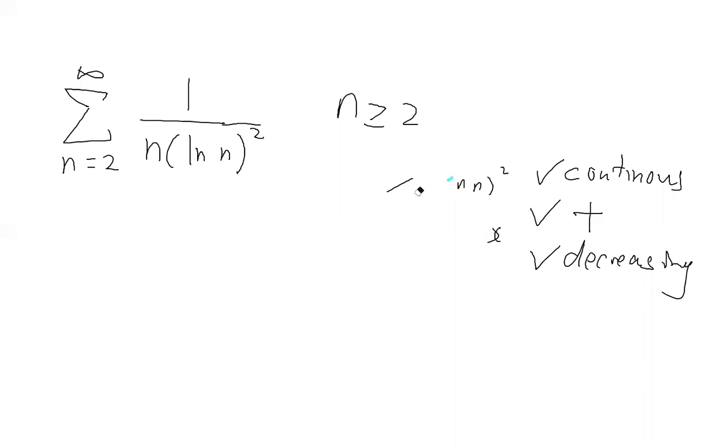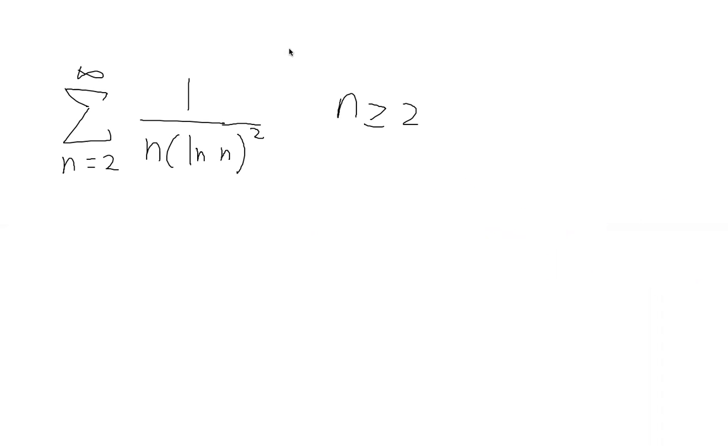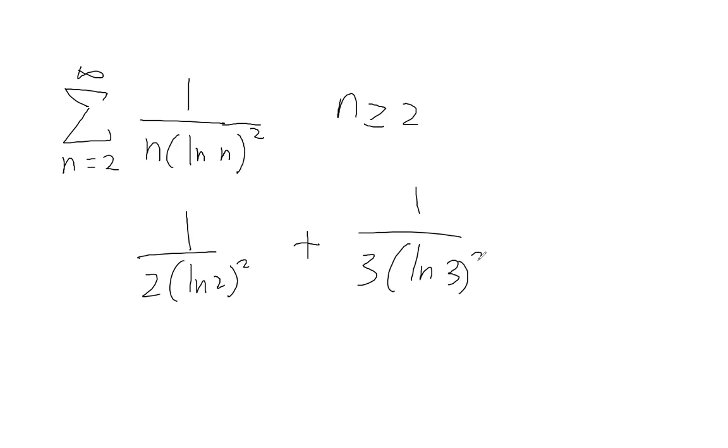Another method is that you can expand this series to try it out. For example, I can substitute starting from 2, 1 over 2 ln 2 squared, and add with another number, 1 over 3 ln 3 squared plus 1 over 4 ln 4 squared.